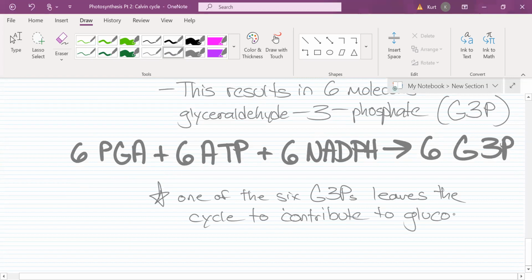As I've already said, each G3P has 3 carbons. A glucose has 6 carbons. So you must go through the Calvin cycle 2 full times to make just one glucose molecule. Then we get to the third and final stage, the regeneration of RUBP.